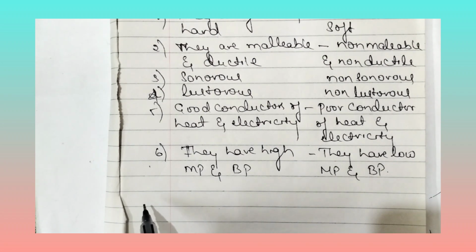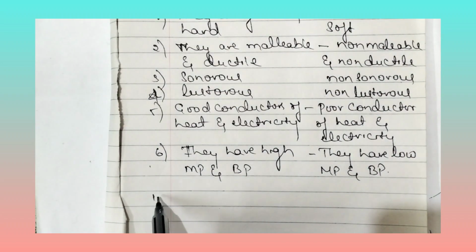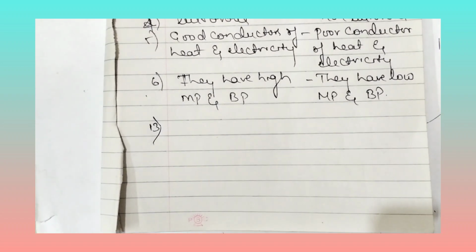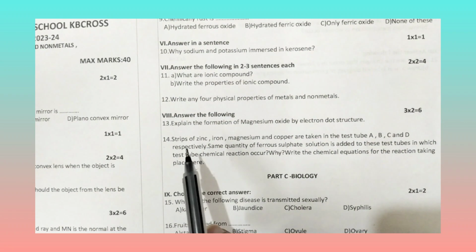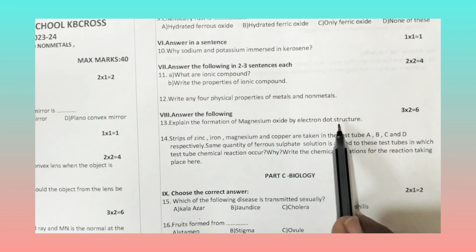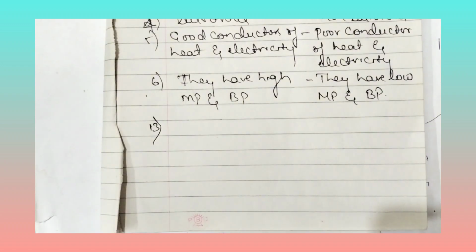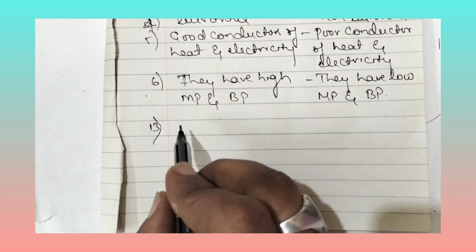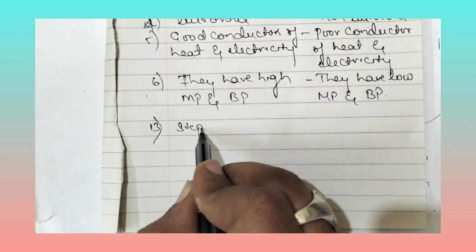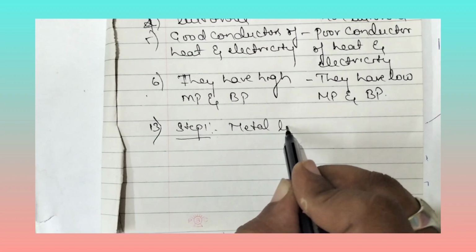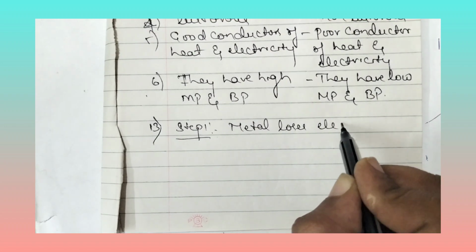So now let us move to question number 13. In question number 13 they have given, explain the formation of magnesium oxide by electron dot structure. By electron dot structure, step number 1: metal loses electrons.